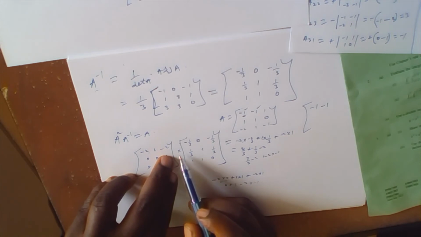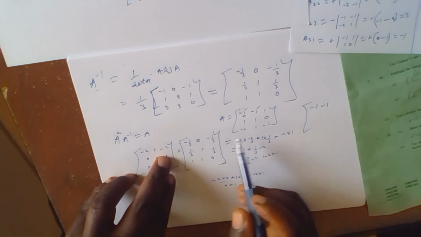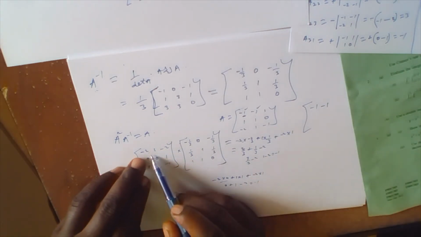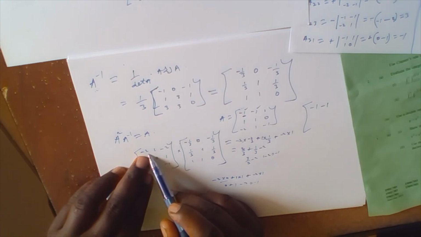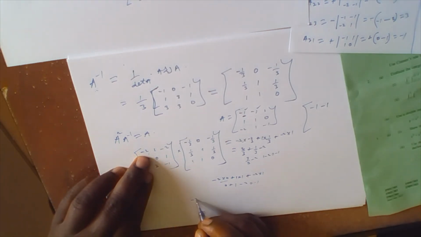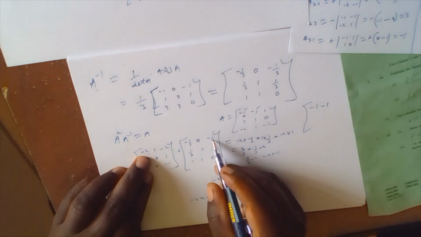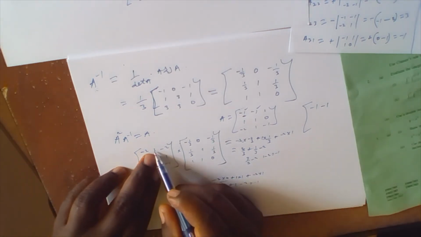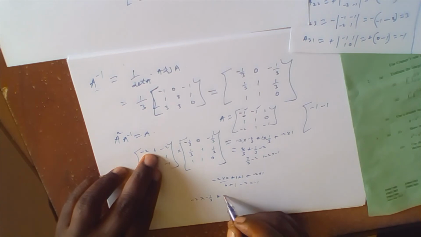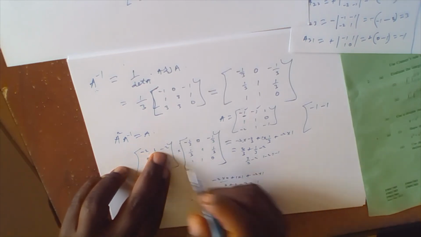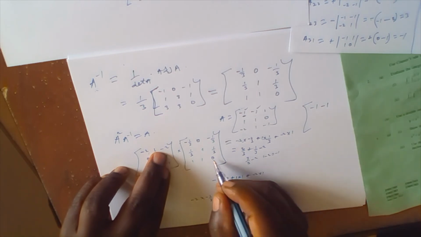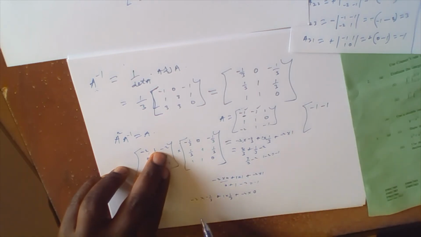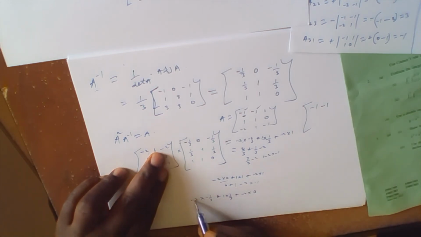Then we go to the last element, this one. We take negative 2 times negative 1 all over 3, then plus 1 times 1 all over 3, then plus negative 2 times 0. So negative, negative, and negative.